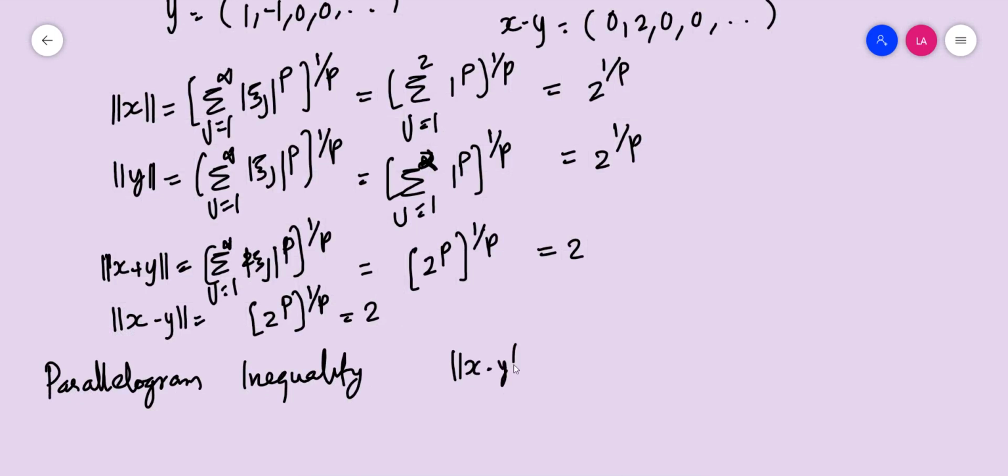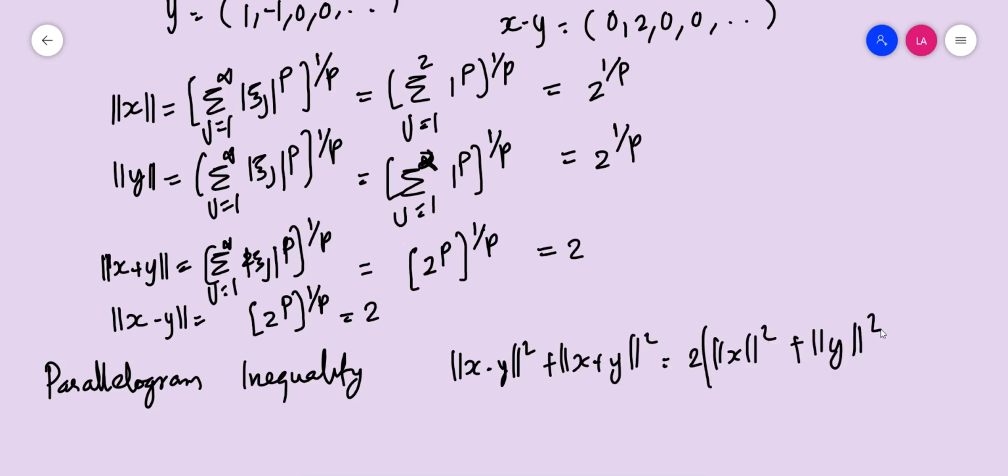Now the parallelogram identity is: norm of x minus y the whole square plus norm of x plus y the whole square should be equal to 2 times norm x square plus norm y square.